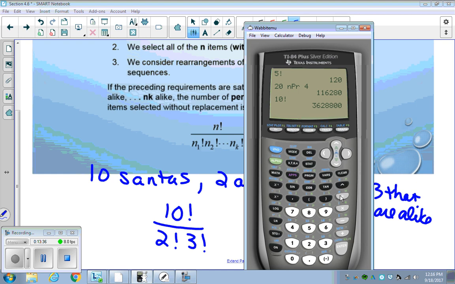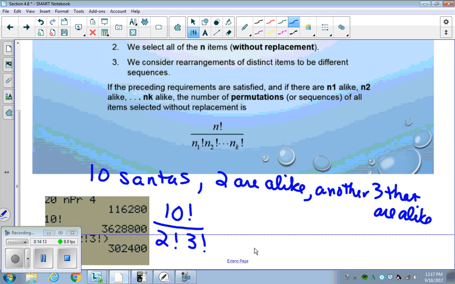Then I'm going to take that answer and divide by, and I'm going to put in parentheses. So I'm going to start a parenthesis here, 2, math, probability, choosing the factorial symbol, and it will assume multiplication, 3, math, probability, and factorial. Close your parenthesis and hit enter. And I'll save that screen on there. Okay? So that's when you have 2 that are alike.